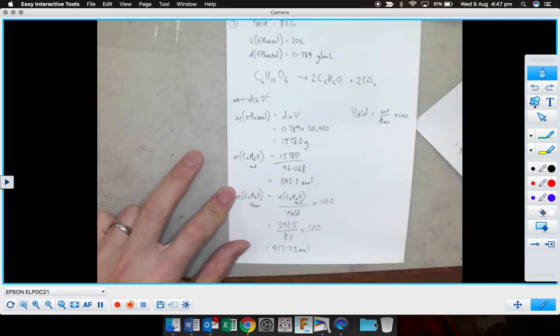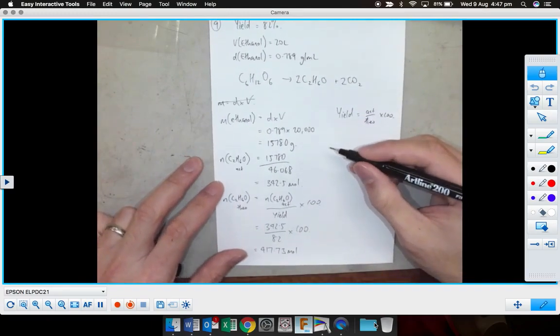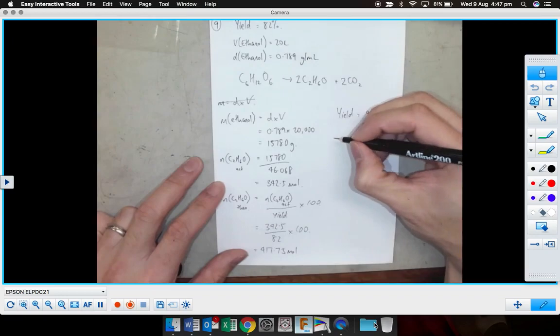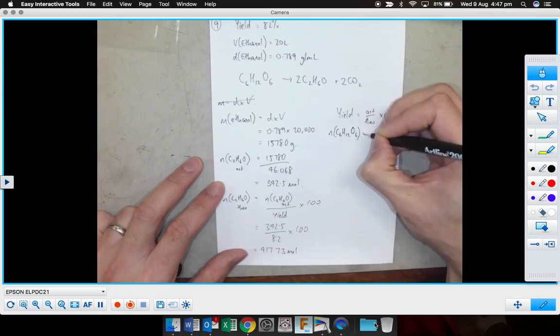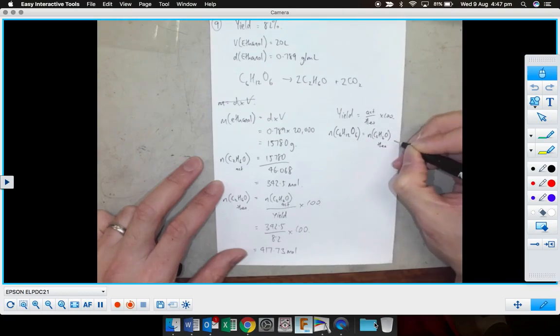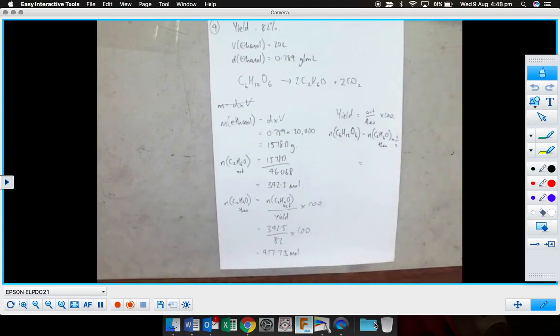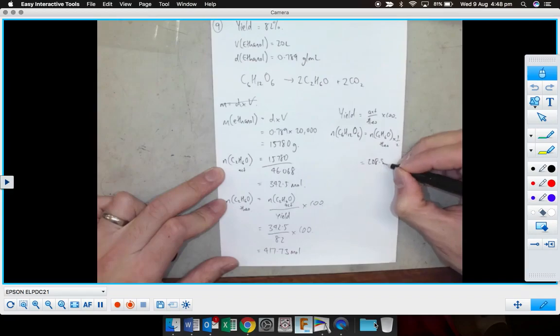So now that I have 417.73 moles, I need to work out the number of moles of sugar, C6H12O6, from the number of moles of ethanol, theoretical, which will be half of it, which happens to be 208.86 moles.